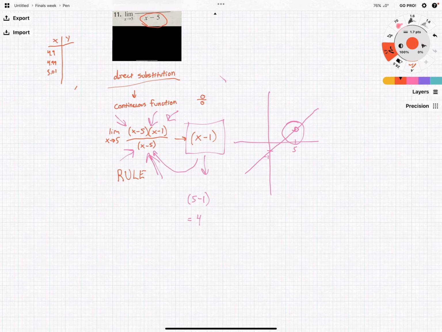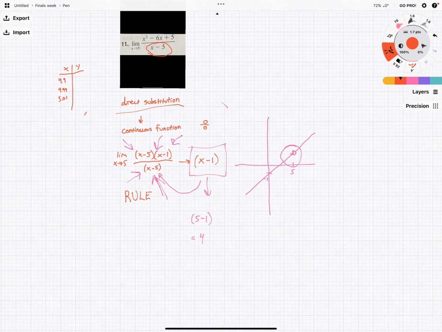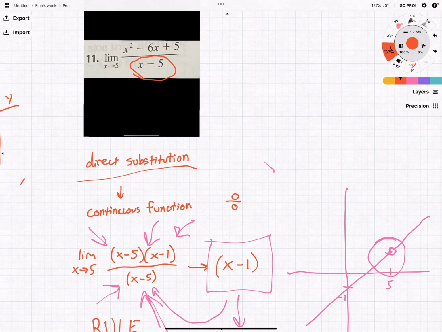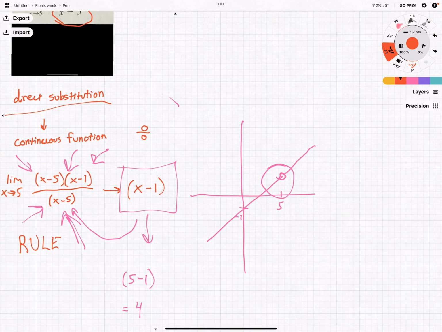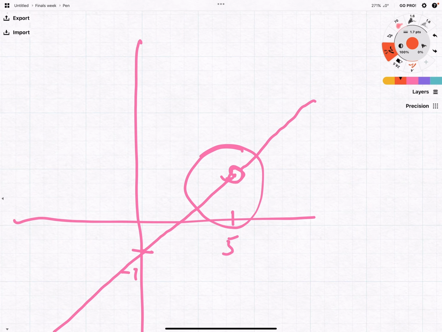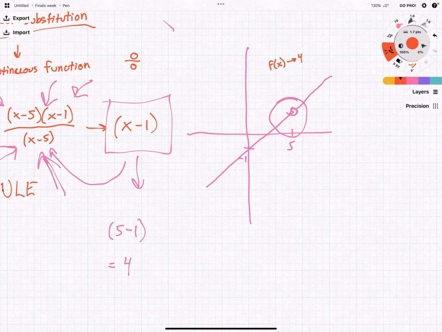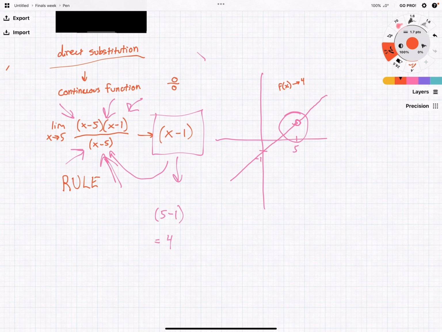Well, it means the limit of this function that we started with, this x squared minus 6x, all of this, right? It means that as x gets closer and closer to that number, 5, then our output, our f of x, is going to approach the number 4. And that is what it means to have a limit.